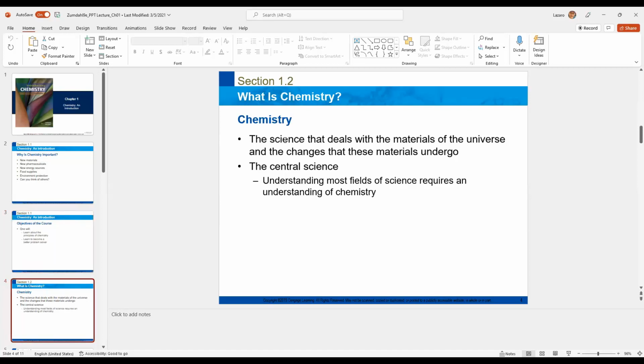As chemistry is a science, we can say that it deals with the materials of the universe and the changes that these materials undergo. It means that, for example, you take a piece of metal.